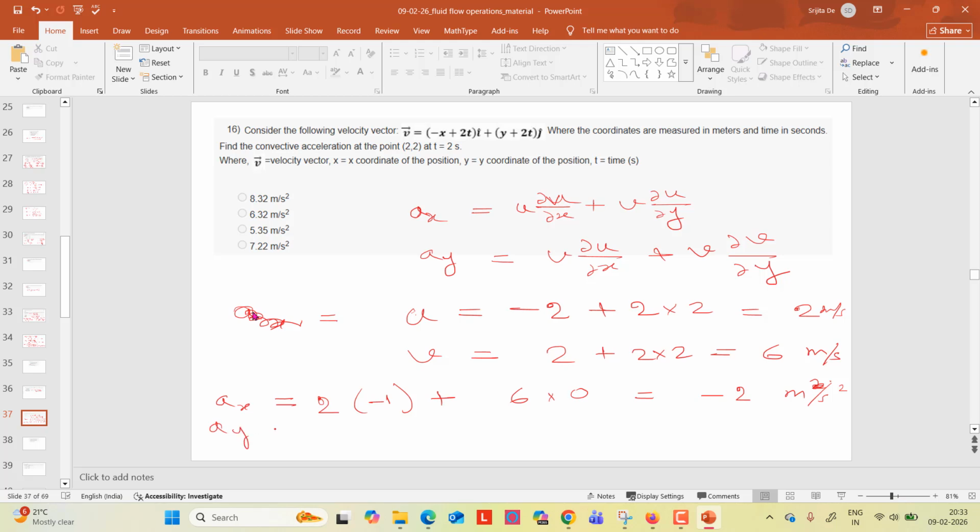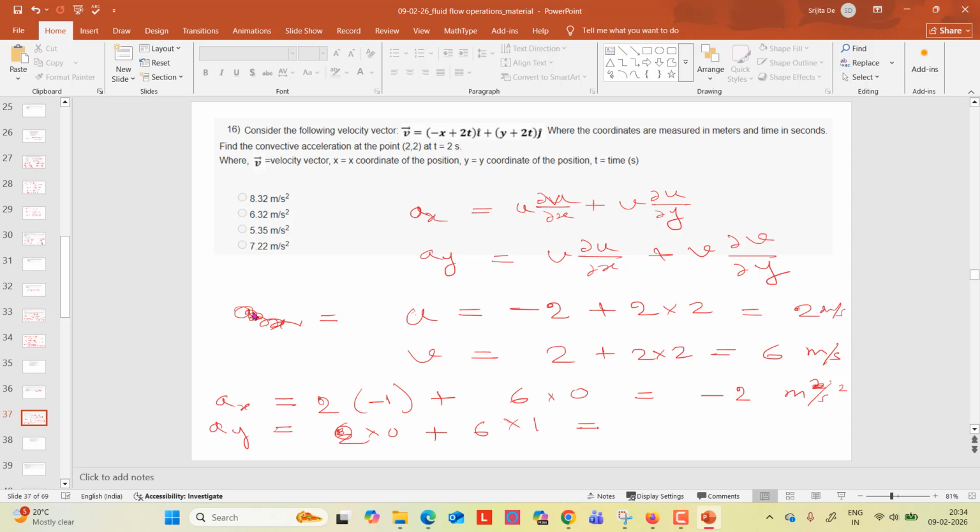Ay equals u into del v del x, that is 2 into 0, plus v into del v del y, this is 6 into 1.